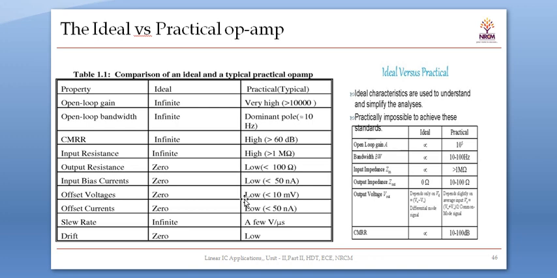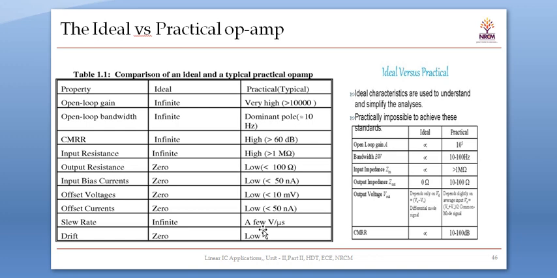The input bias current is 0, and practically the input bias current is less than 50 nanoampere. The offset voltages are 0, and they are less than 10 millivolt practically. Similarly, the offset current is 0, and the practical value is less than 50 nanoampere. The slew rate is infinite, and it is a few volt per microsecond practically.